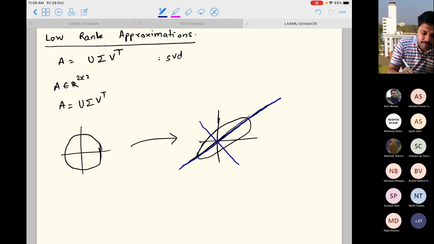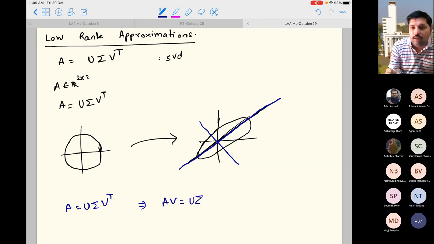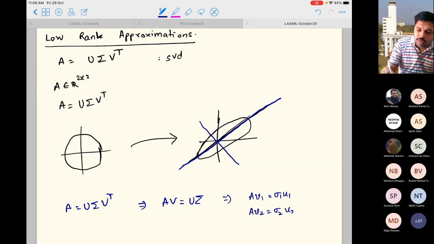A is equal to U sigma V transpose, you can write as AV is equal to U sigma, which really means that AV1 is equal to sigma 1 U1 and AV2 is equal to sigma 2 U2.